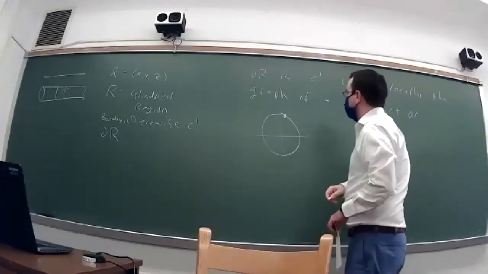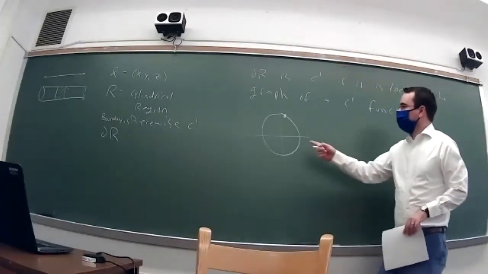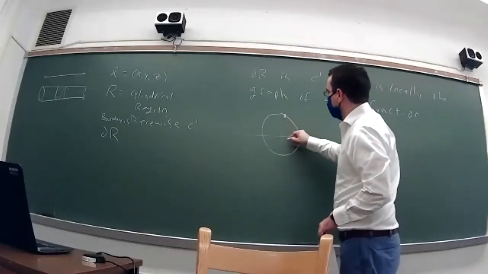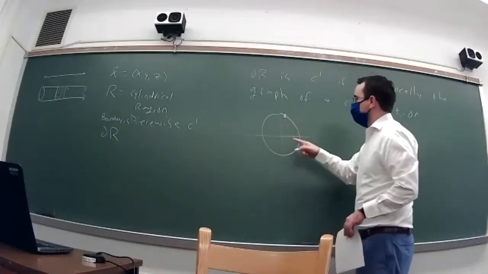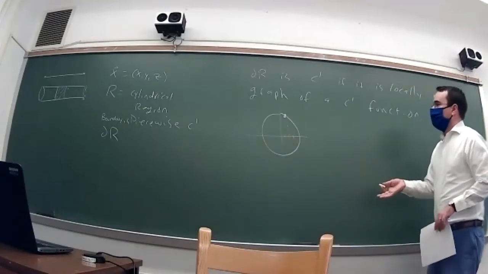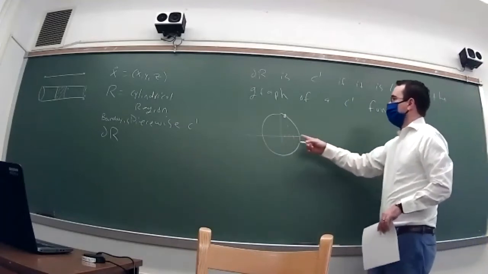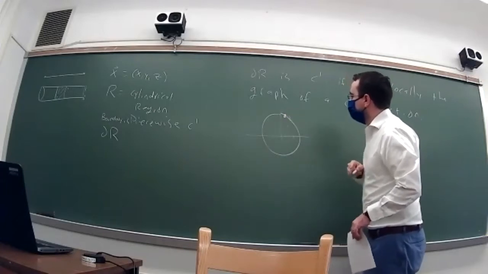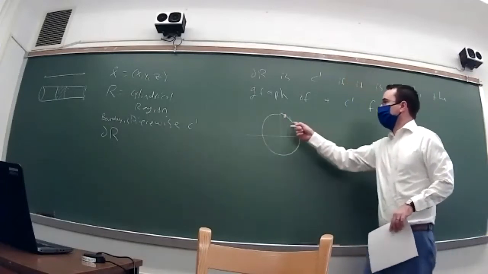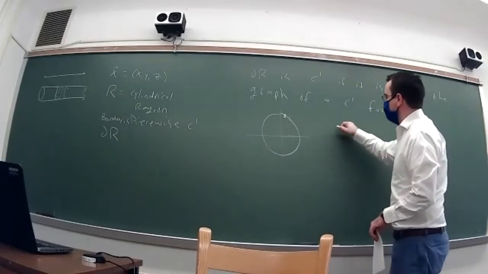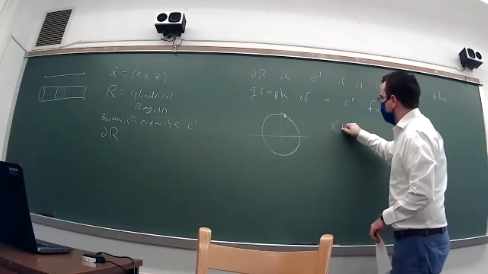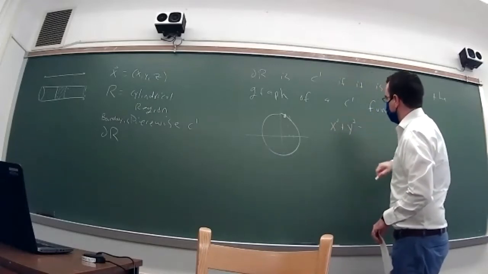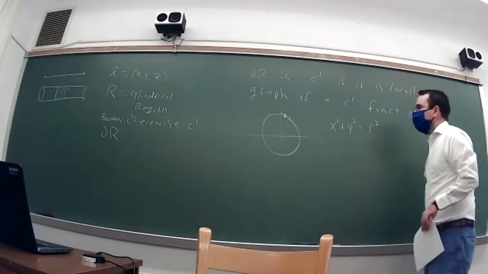And what I mean is that if you pick any point, like maybe you pick this point, then I can find an interval on one of the coordinate axes, in this case the x-axis, with the property that if I look at the corresponding interval of the circle, I can write this as the graph of a function. We know that implicitly the circle has this equation, x squared plus y squared equals r squared.